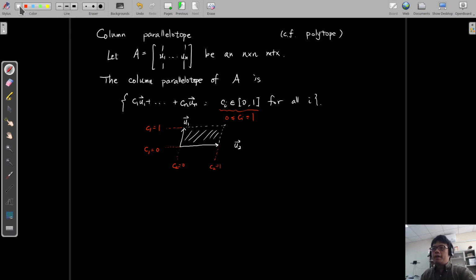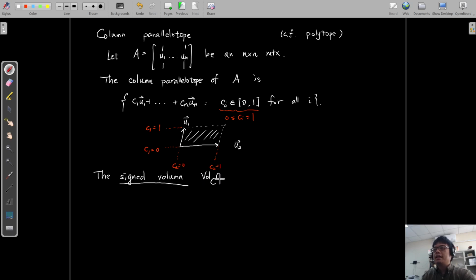Okay, so I'm going to define the volume of this one using the matrix. The signed volume, it's a new term, but it's a volume, but sometimes we will give a positive or negative sign.